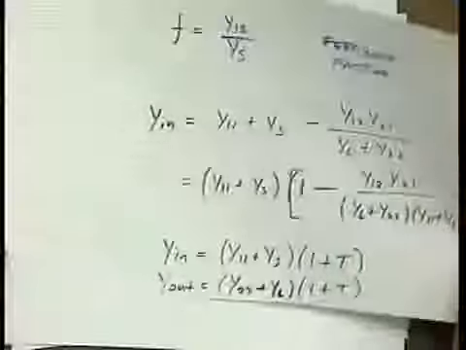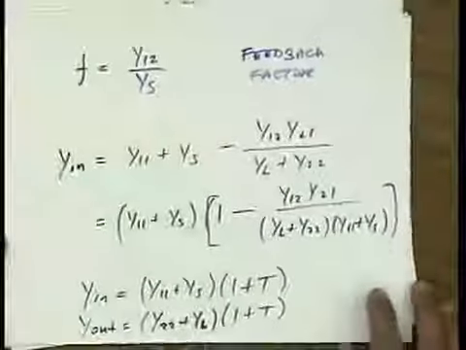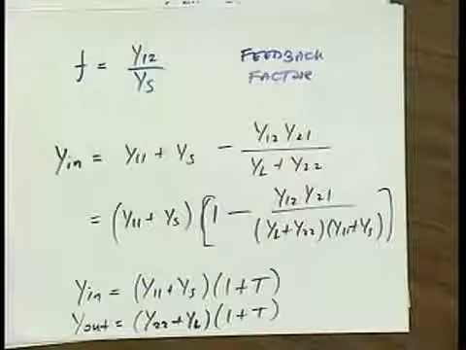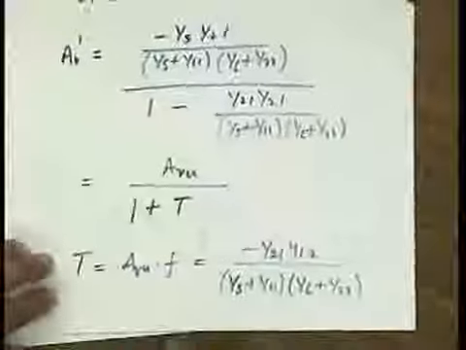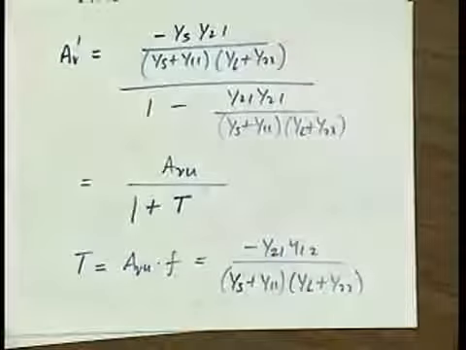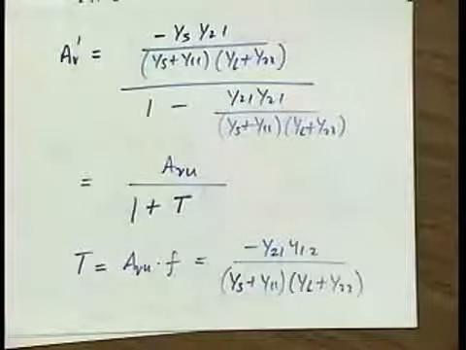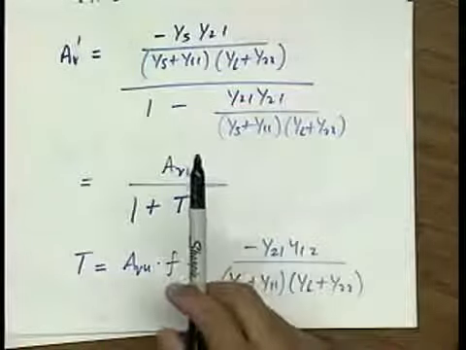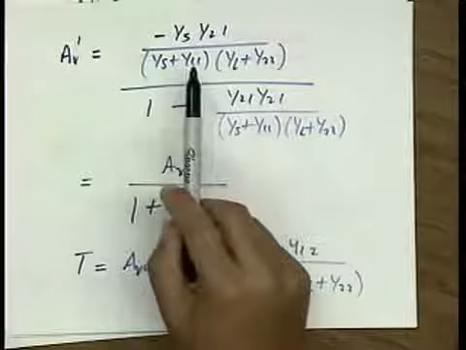Yes, Kevin. So for AV, why are we using Y11 instead of YN? Which page? The previous page. This equation? For AV. Where are you referring to? The top, is this because you divided by AB?